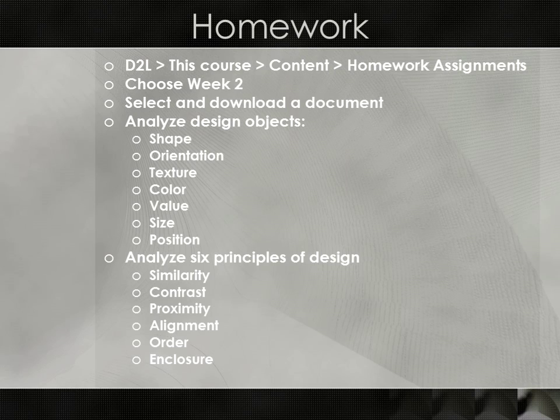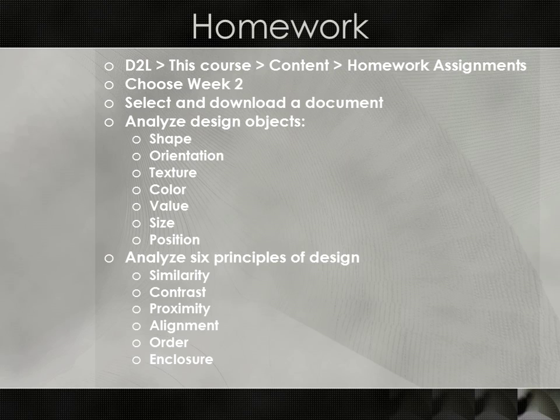So, you'll go to D2L, the name of the course, which is course document design, the professional document, content, homework assignments. You'll choose week 2, select and download a document, just one, and then analyze the design objects, the shape, the orientation, the texture, the color, the value, the size, and the position.